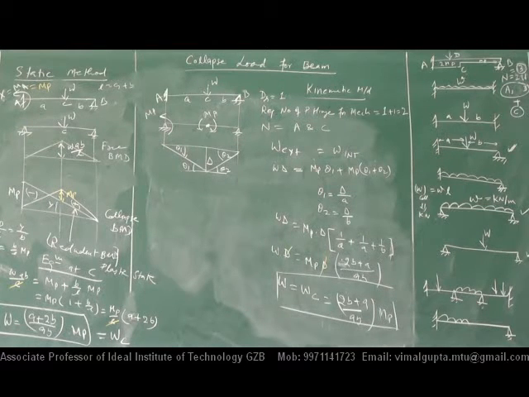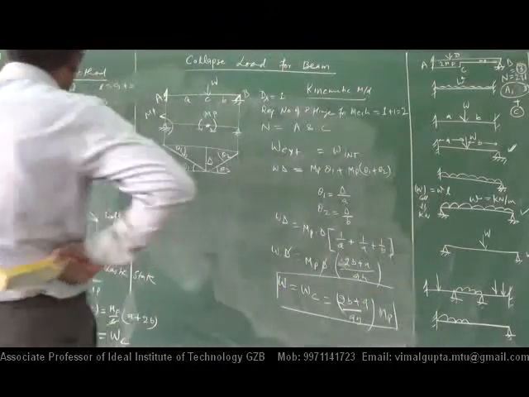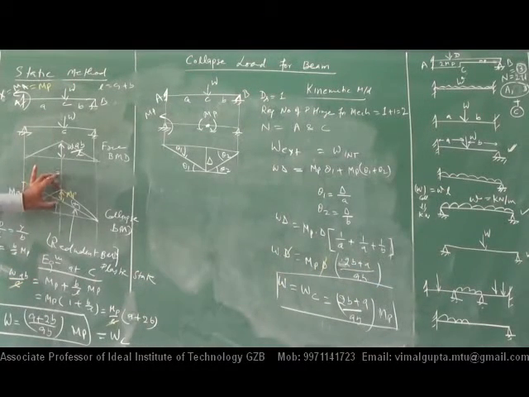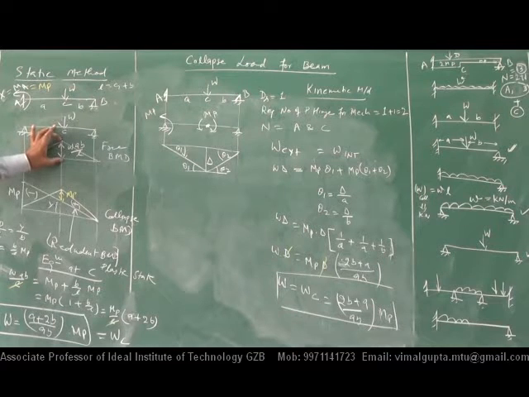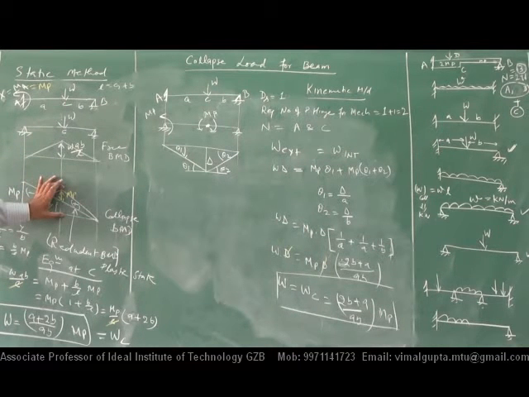I have applied the equilibrium condition at point C because we know that at point A and point B the value of the moment is 0. Point C is the only point where we do not know the value, while the other values we know. That's it.